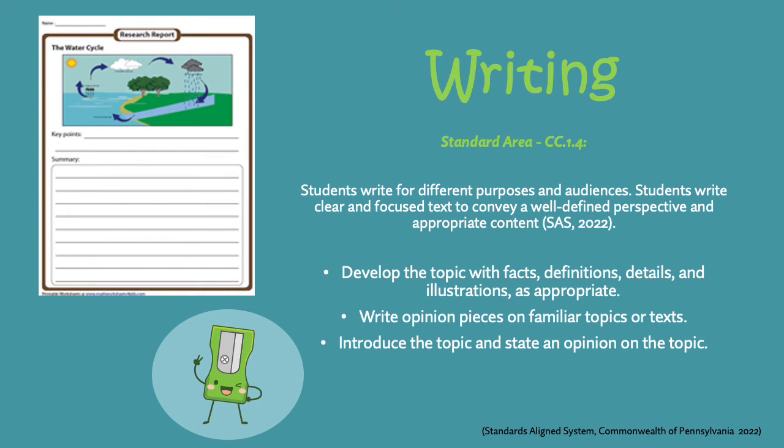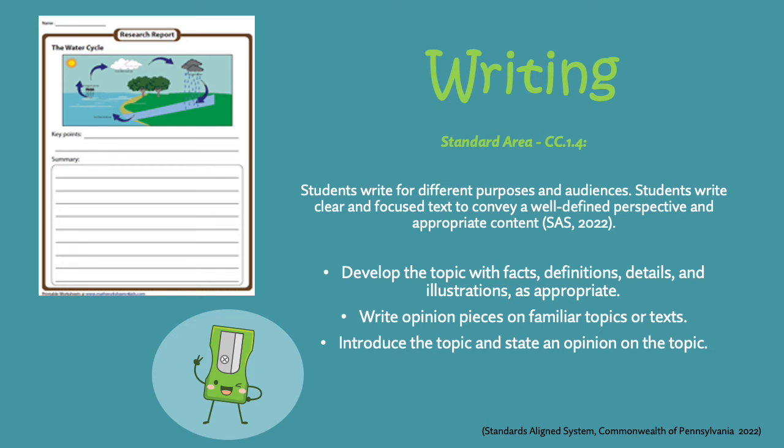The fourth standard we're going to talk about is writing. Students write for different purposes and audiences. Students write clear and focused text to convey a well-defined perspective and appropriate context.